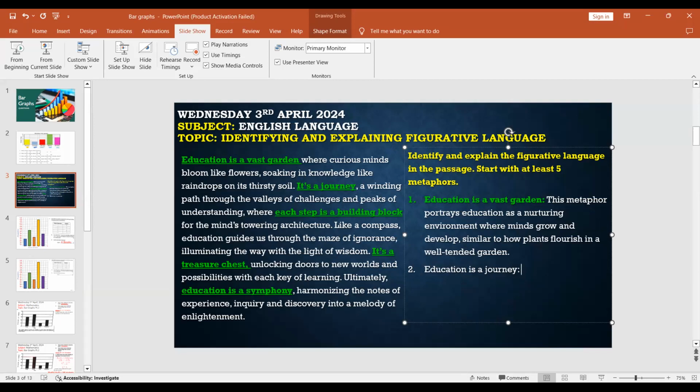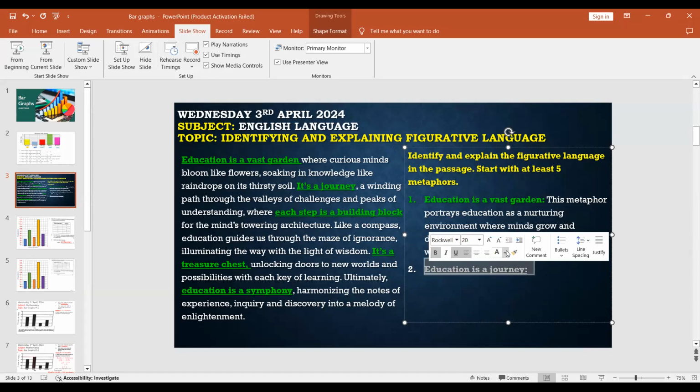Okay, so why is education compared to a journey? It says it right there.